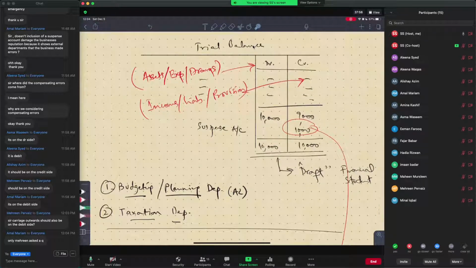They both represent your expense. Carriage inwards simply means direct carriage, a direct expense. Carriage outwards is the indirect carriage, which doesn't change its nature as an expense. So you will put both carriages on the debit side, carriage inwards as well as carriage outwards. But return inwards will be on the debit side. Return inwards is the return of goods, and return outwards is going to be on the credit side.